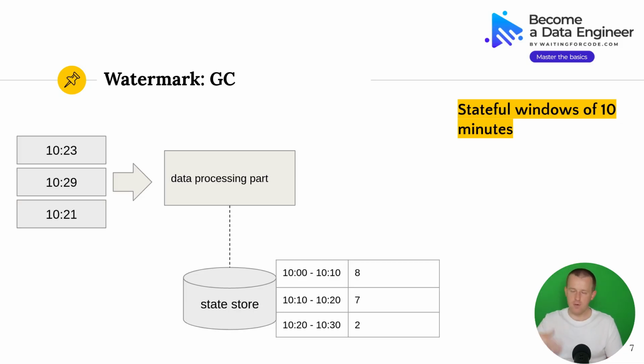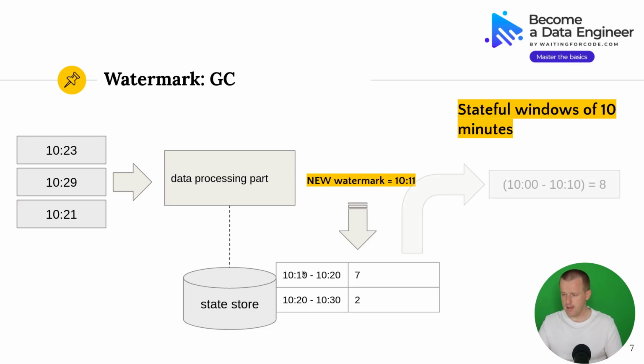Now with time we will get new data, and of course it will lead at some point to updating the watermark. Here we can say that we reached a watermark of 10:11, which will invalidate this first window, because you can see that the closing time is before the new watermark, meaning that we are not supposed to receive any new data for this window. Of course we will invalidate it and emit these results to the downstream consumers.